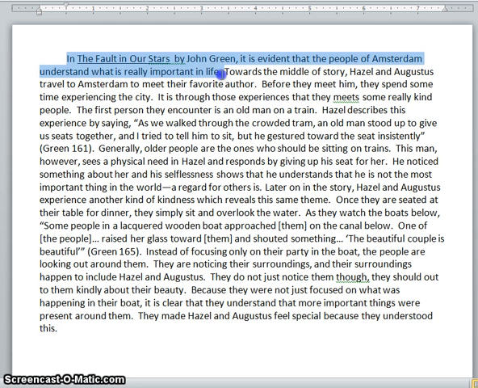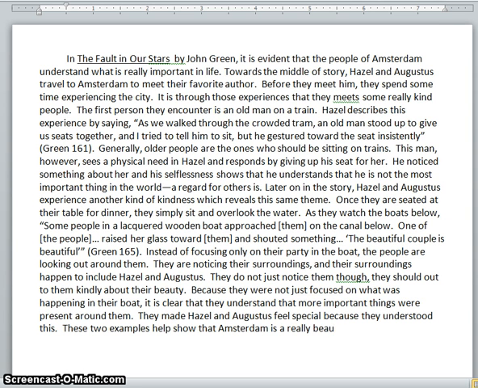My conclusion sentence restates my topic sentence and sometimes includes a thought that connects everything that I said. So I want to make reference to the two examples. These two examples help show that Amsterdam is a really beautiful place, but mostly because, and I'm going to bring my keywords in, people understand what is really important in life.